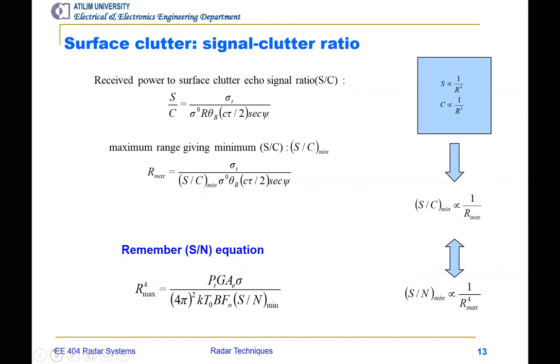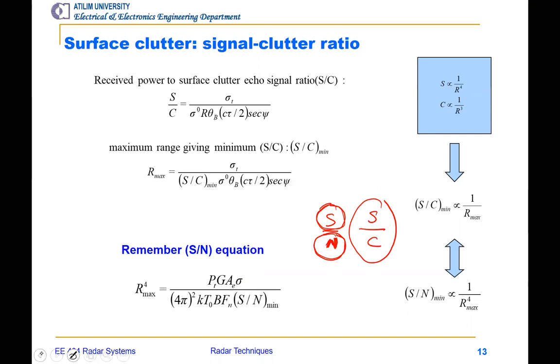Now, remember that in the beginning of this lesson, we talked about signal to noise ratio. This was undesired signal, right? Generated by the receiver. This is the echo signal we expect. So this ratio was critical. Now, when we got a clutter, then we got clutter echo signal, C, and then we talk about signal to clutter power ratio.